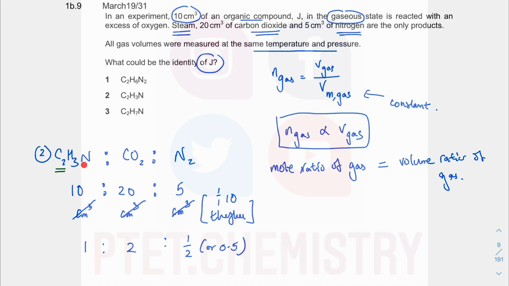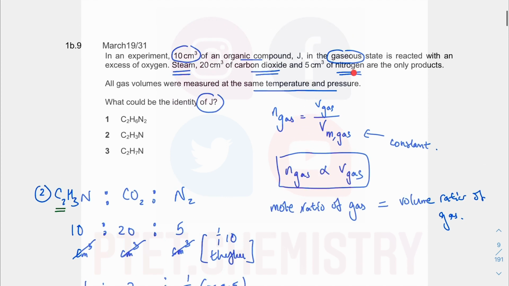The nitrogen here will give you the nitrogen product because there's no nitrogen in steam. In case you don't know, steam is H2O gas. There's no nitrogen there. Carbon dioxide has no nitrogen either. So this nitrogen, occurring as an N2 molecule at room temperature and pressure, must come from this nitrogen.